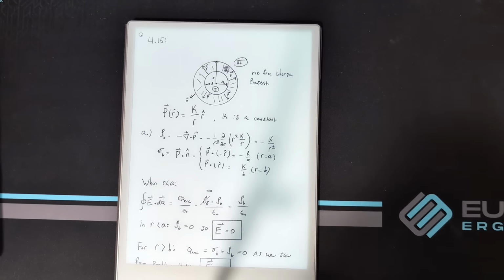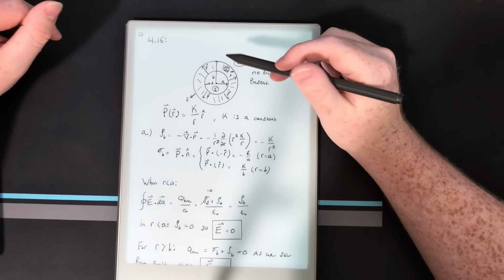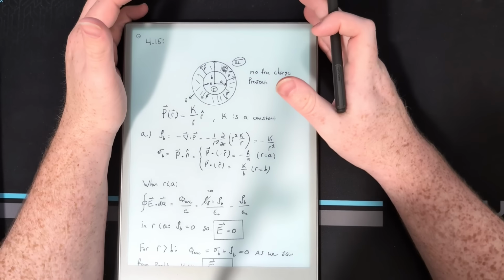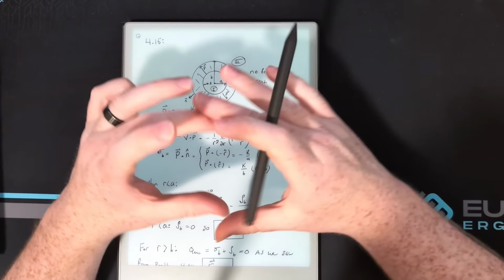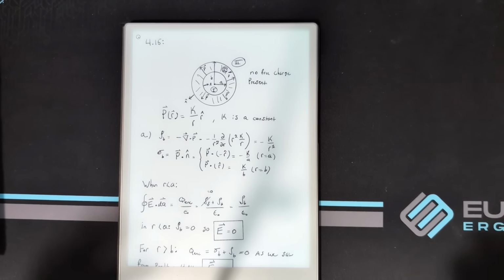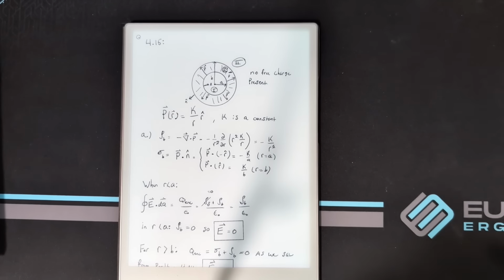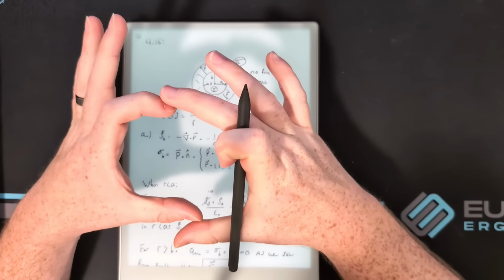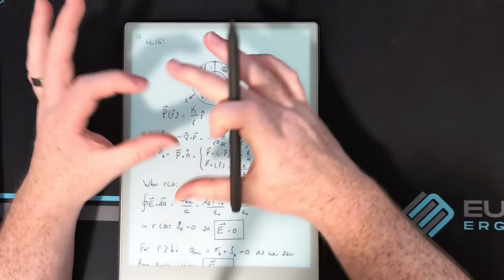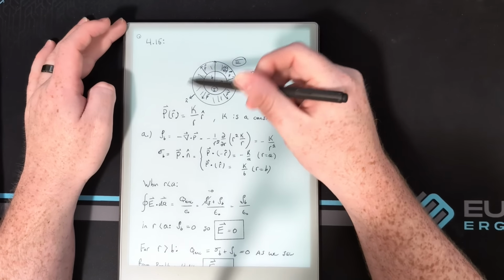Because we're dealing with spherical symmetry, we can assume that the electric field is constant for any given radius r. Our Gaussian surface in this case is just going to be some sphere with radius less than A inside of this cavity.